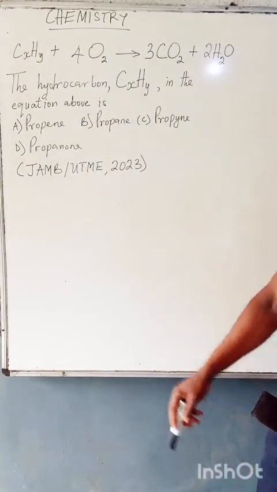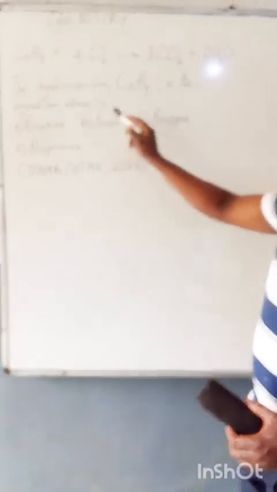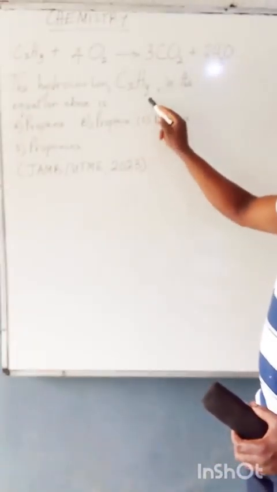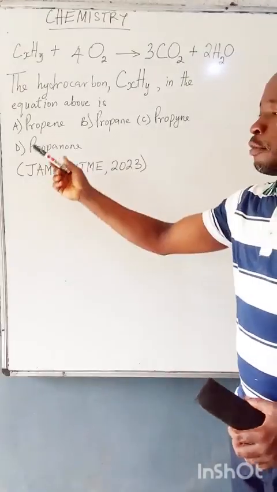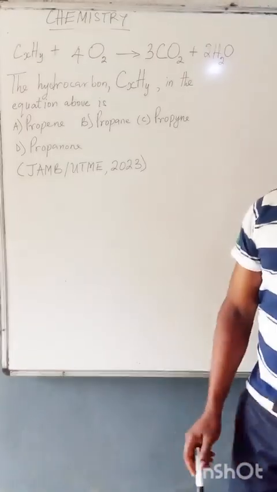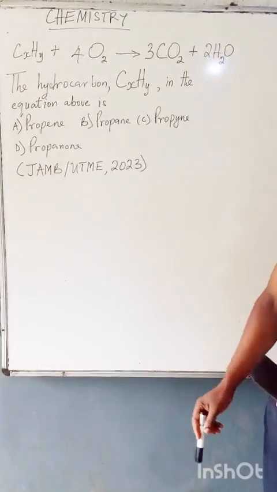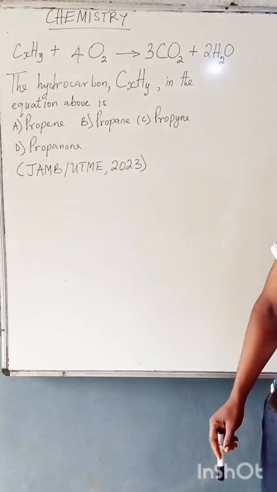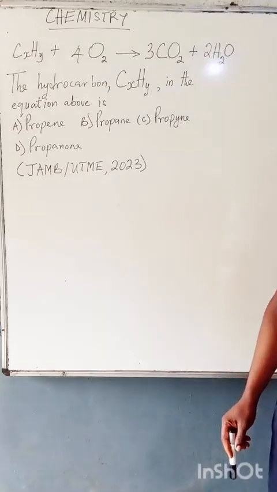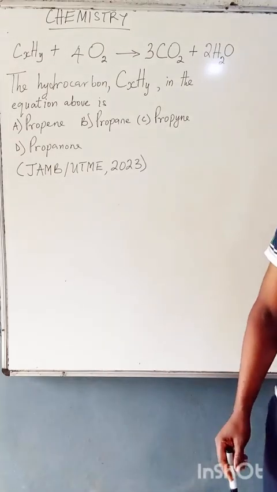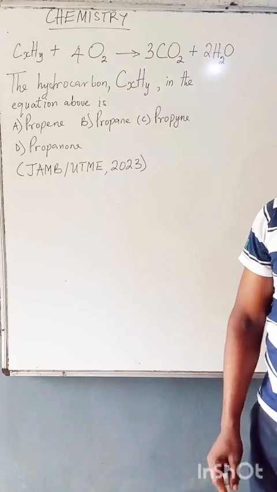And so we are told the hydrocarbon CxHy in the equation above is, and some options are given. We are supposed to pick the correct option: propyne, propanone, propane, and so on. Which one is the correct option?